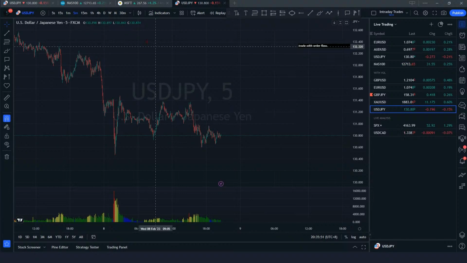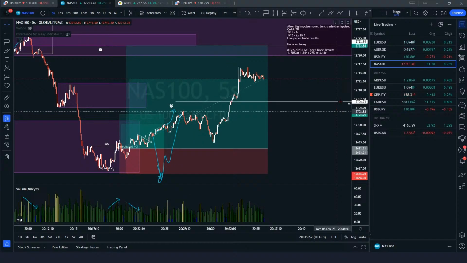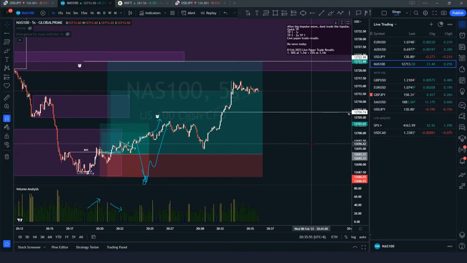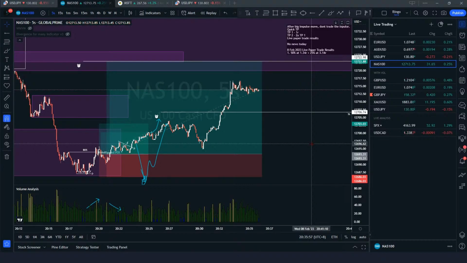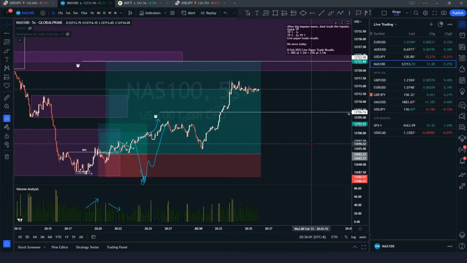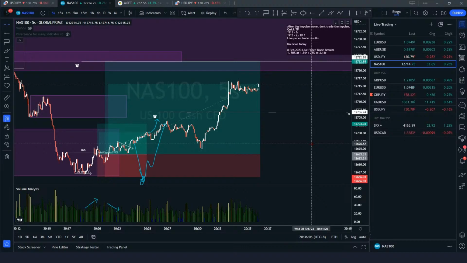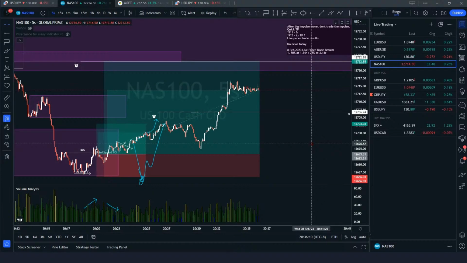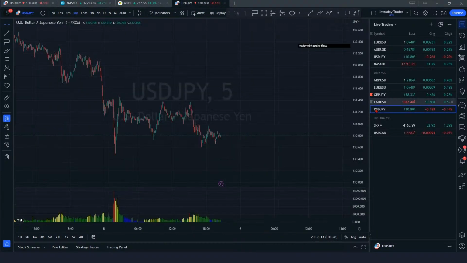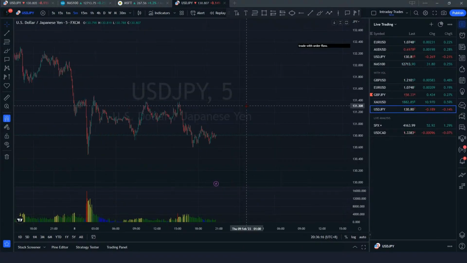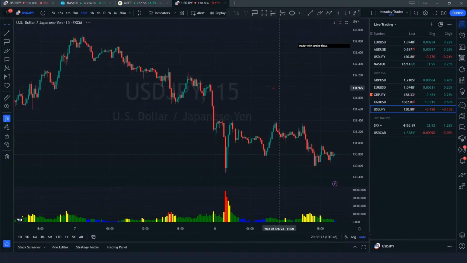What time frame are you looking at? Day trade. So probably are you looking at 15 minute, one minute? Let's do 15 minute.